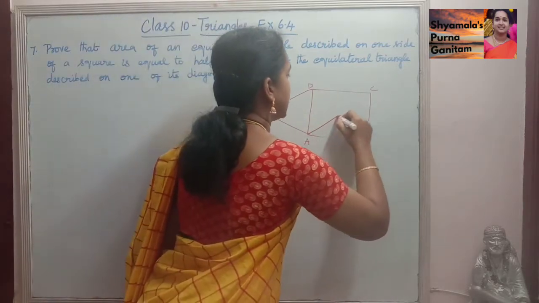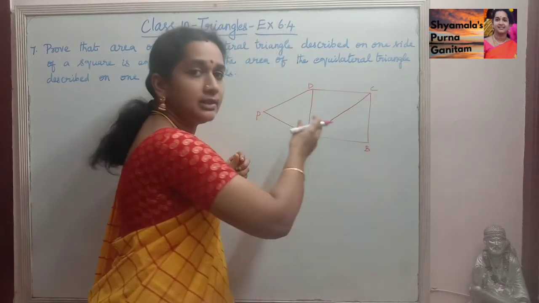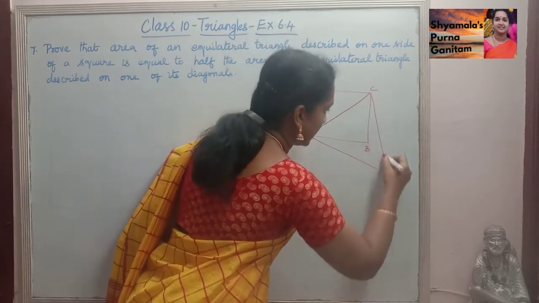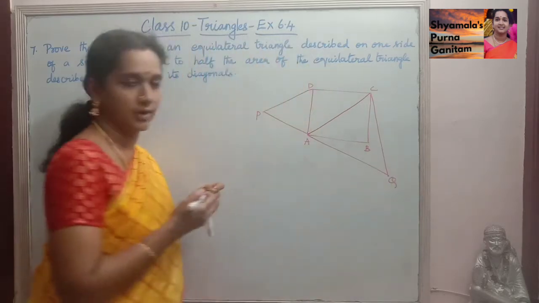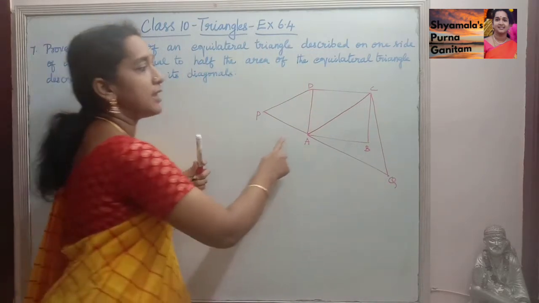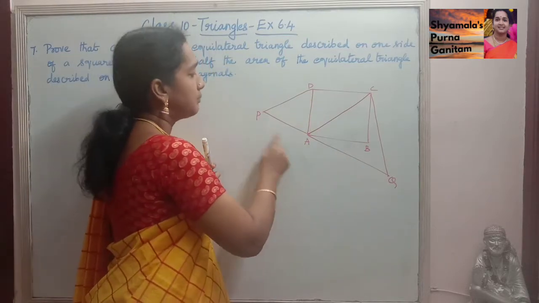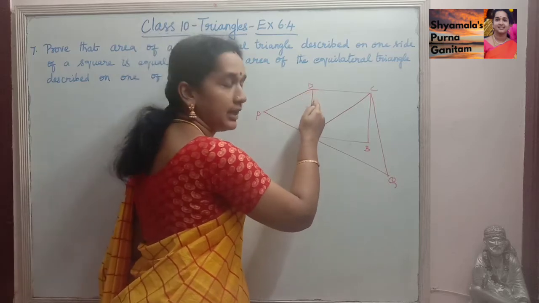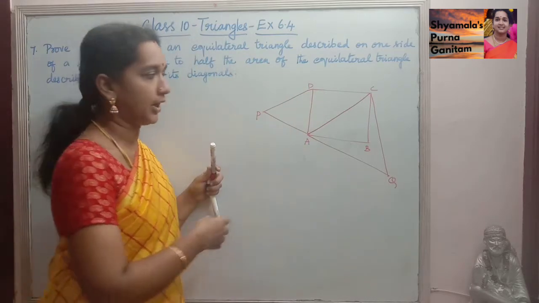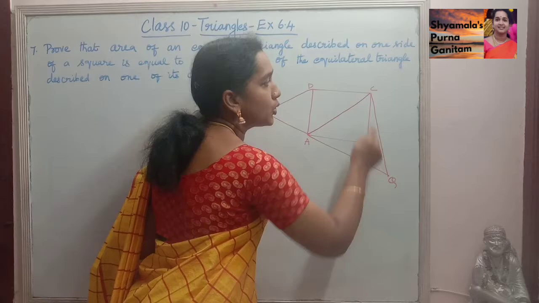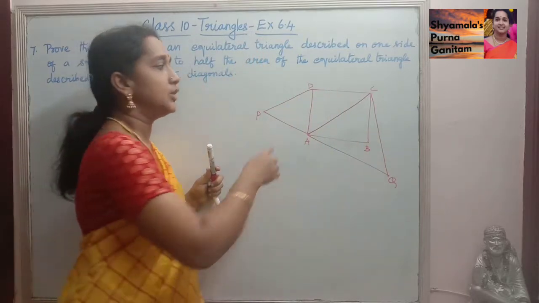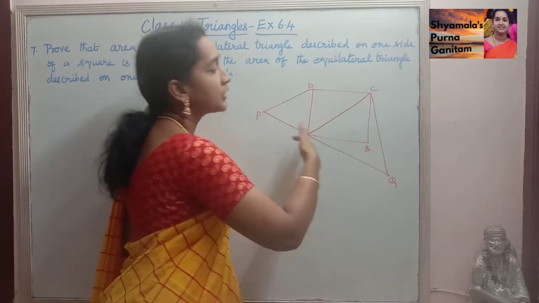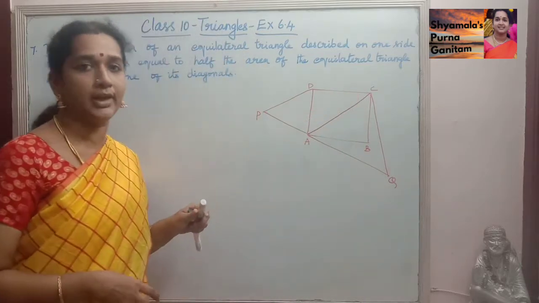So we'll take AC as the diagonal. With AC as the diagonal, another equilateral triangle is drawn. So ABCD is a square, PAD is an equilateral triangle with the base as the side of the square, and AQC is another equilateral triangle with AC, the diagonal of the square, as its base.